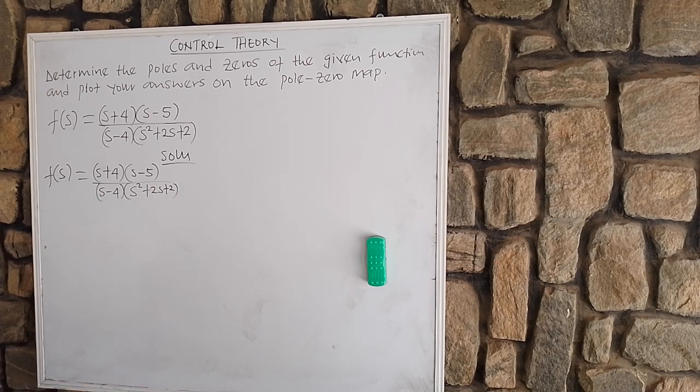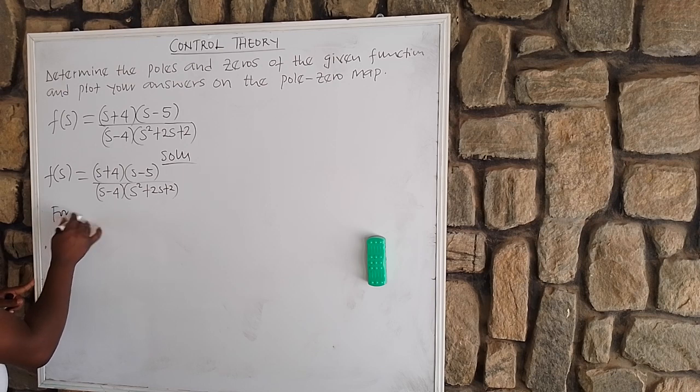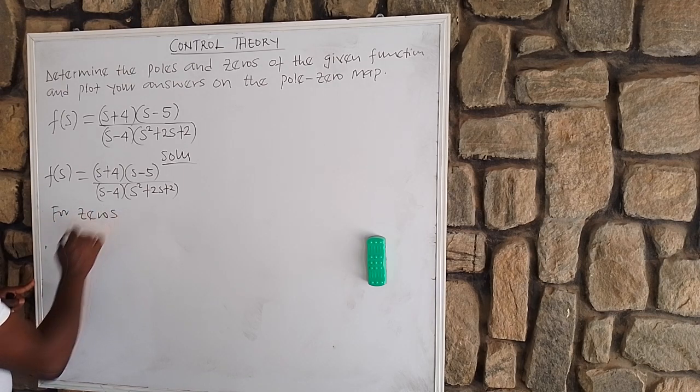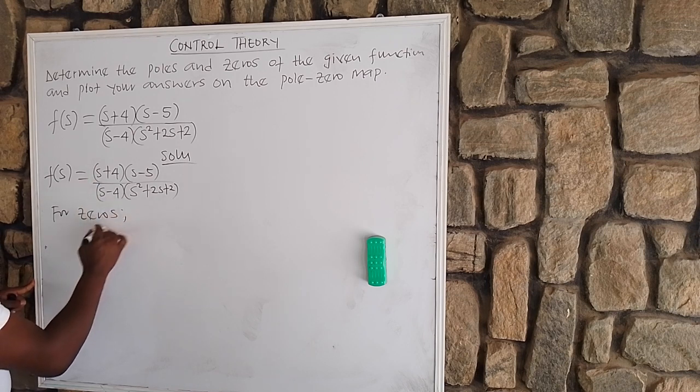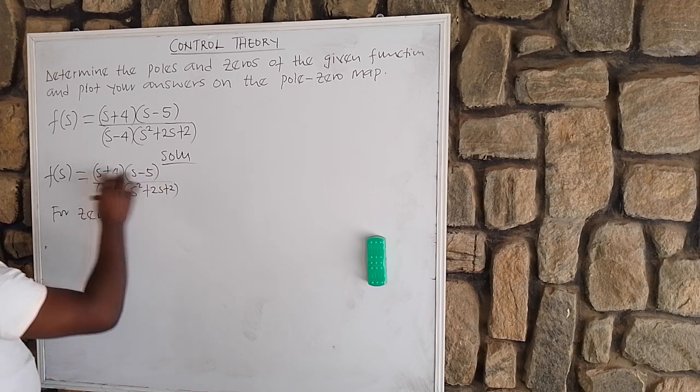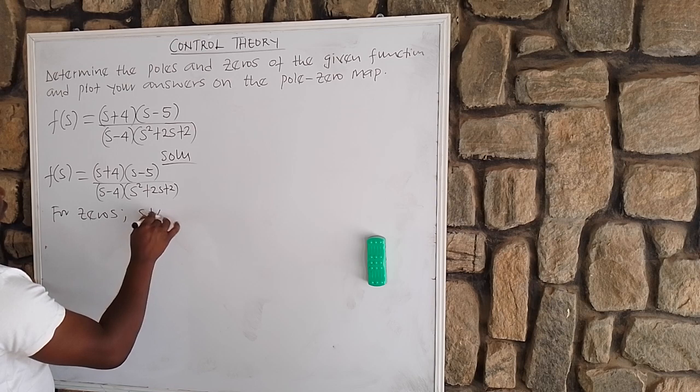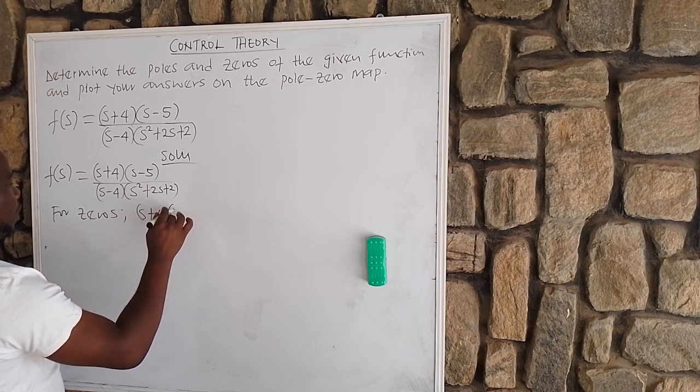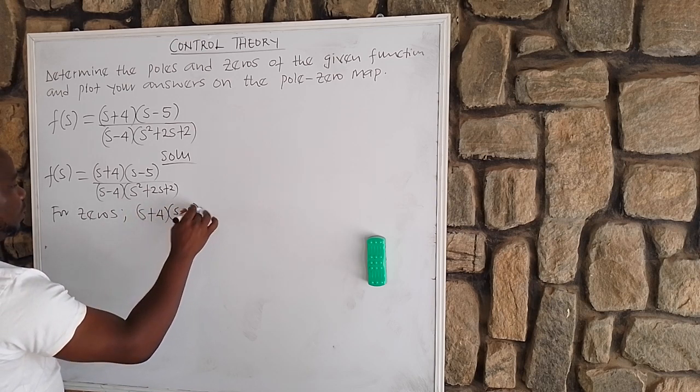Let us go for either the zeros or the poles. Let's go for zeros. For zeros, you equate the numerator to 0: (s plus 4)(s minus 5) equals 0.